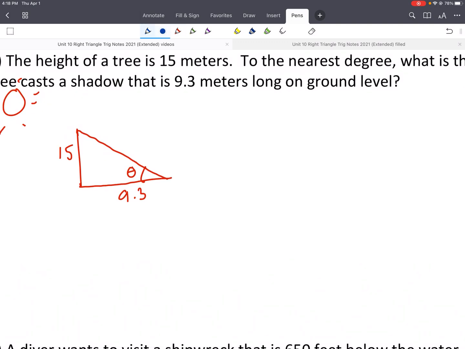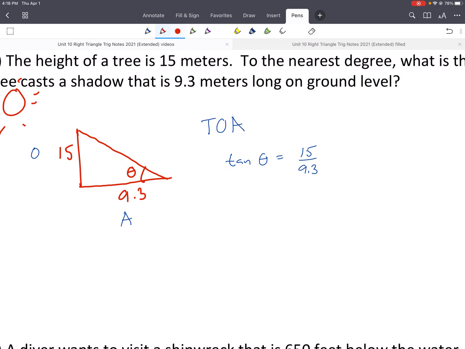Again, that's the tough part, sketching that out, and then it's the same as what we've done before. Again, we label our sides, so that's our opposite and our adjacent. So we'll use tangent. Tangent of theta is equal to opposite over adjacent, and we'll need to solve for theta.